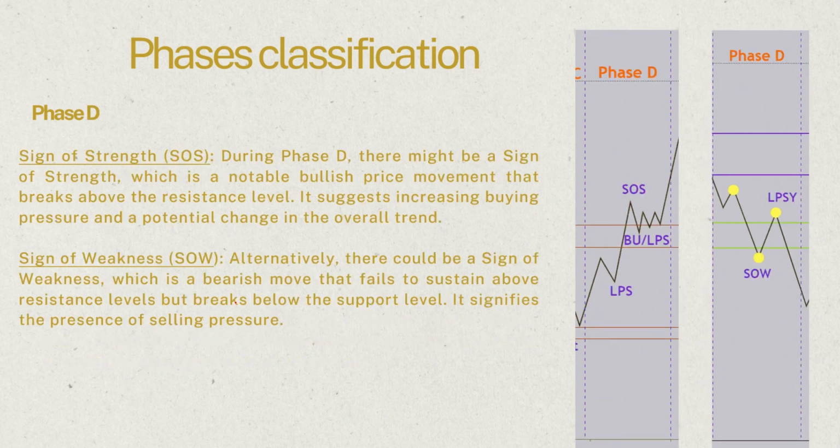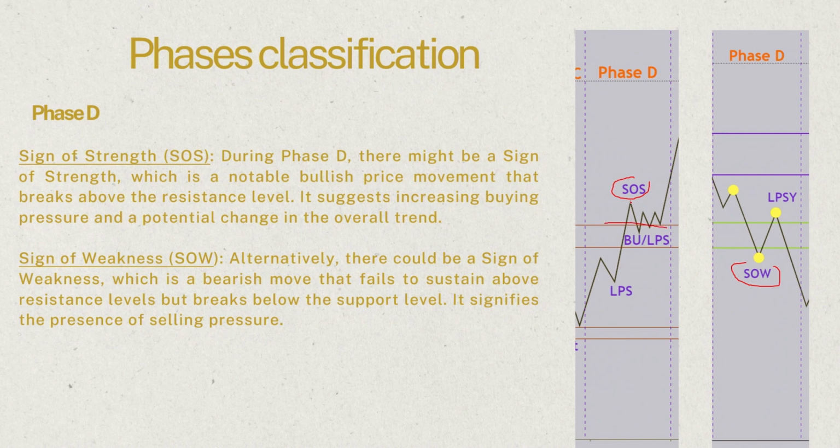Phase D is characterized by sign of weakness or sign of strength. Sign of strength in the case of an uptrend, while sign of weakness in the case of a downtrend. It's like a notable bullish movement that breaks above the resistance.